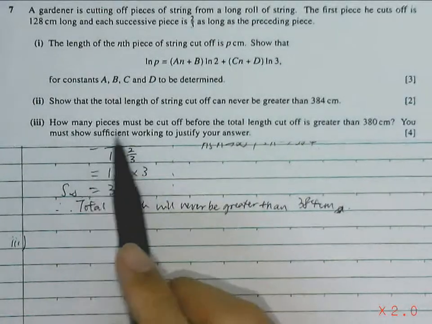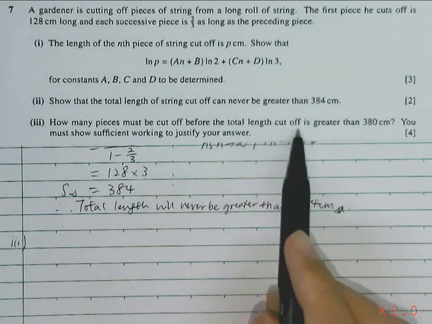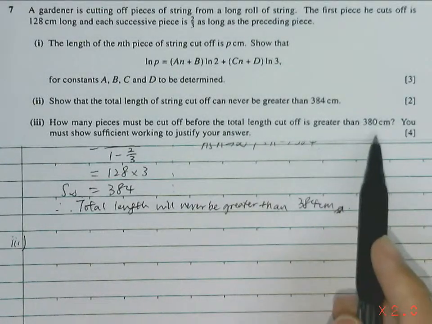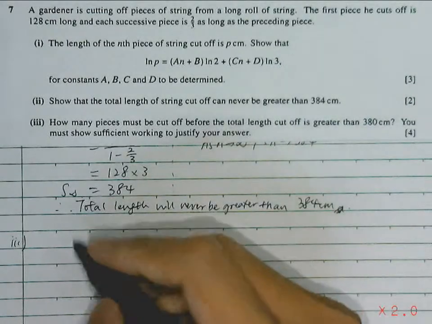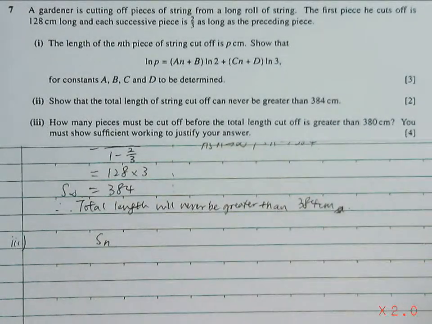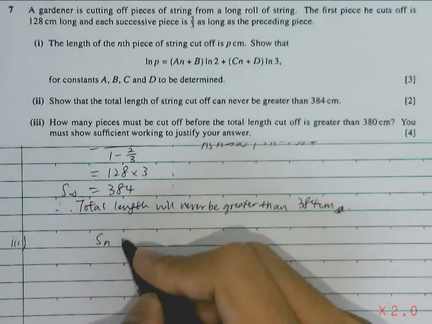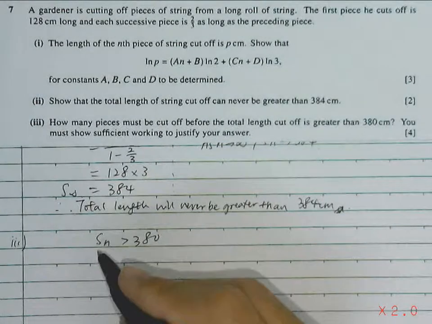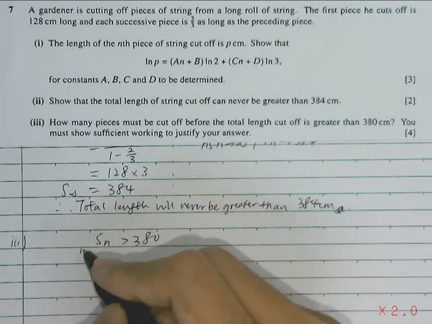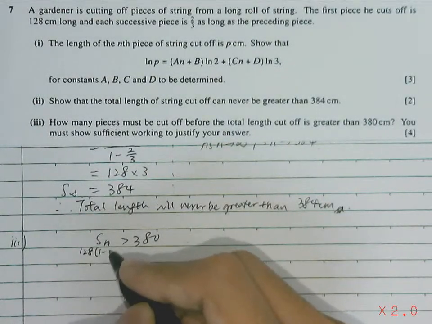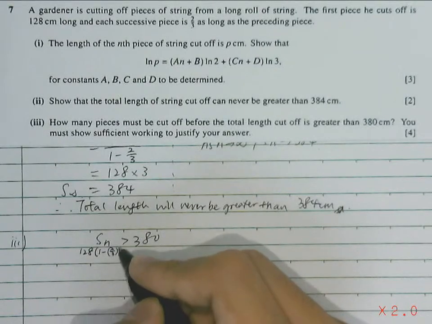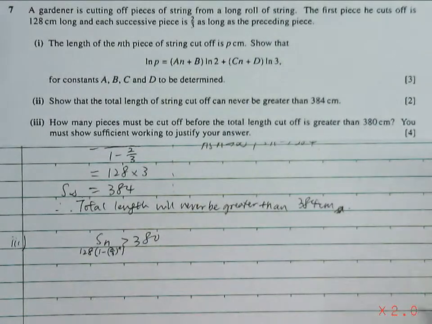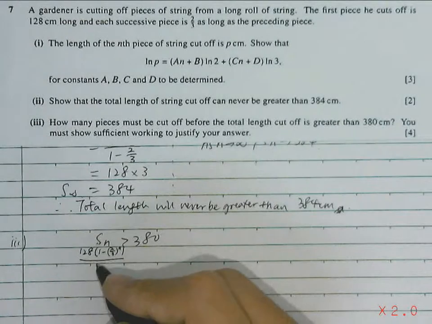How many pieces must be cut off before the total length cut off is greater than 380 cm? For this one we will need our Sn, which is the sum of terms up to the nth term. We want it to be greater than 380 cm. So Sn will be equal to our a times 1 minus 2/3 to the power n, divided by 1 minus r, which is 1/3.